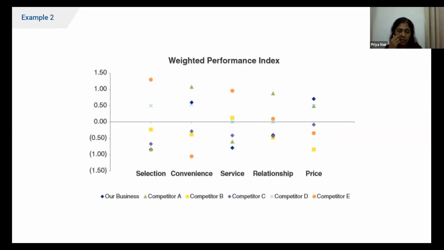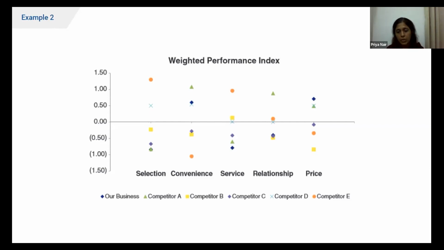If you focus on the blue diamond, you understand that price is the area where your business is performing really well. Then it's convenience, and then you see the selection and service, but it is difficult to figure out which one is lowest.